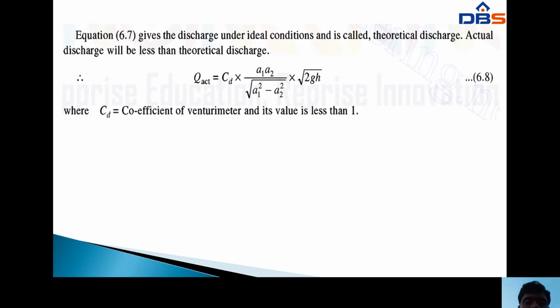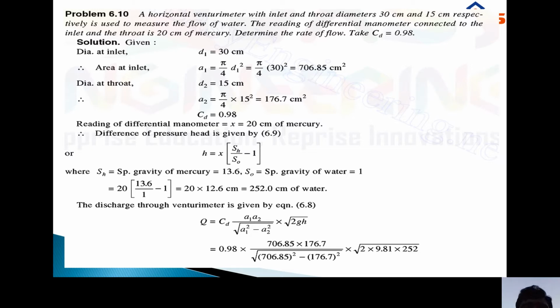Next, we can solve a small problem. A horizontal Venturi meter with inlet and throat diameters of 30 centimeters and 15 centimeters respectively is used to measure the rate of flow of water.